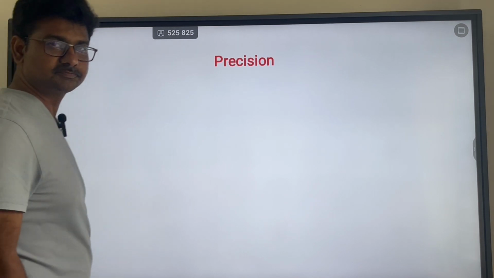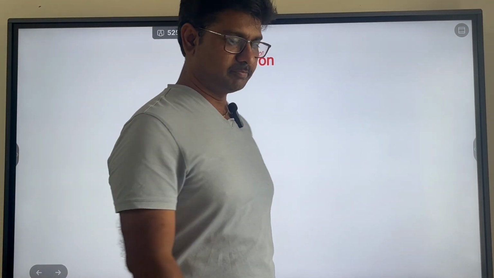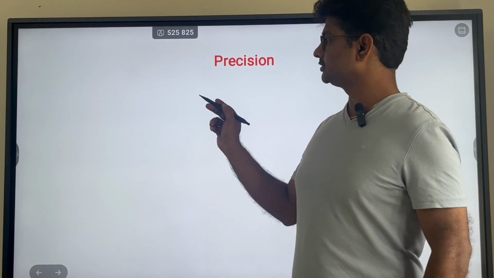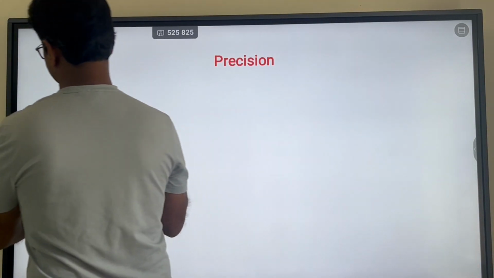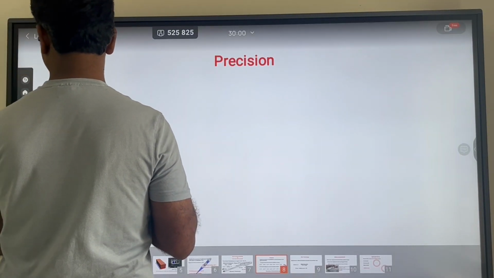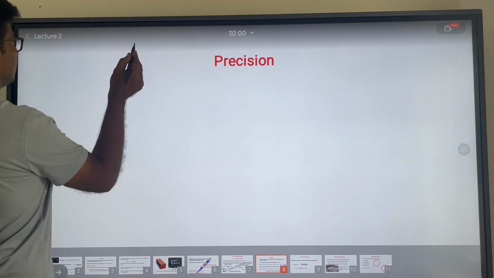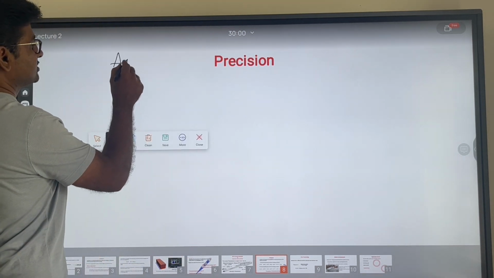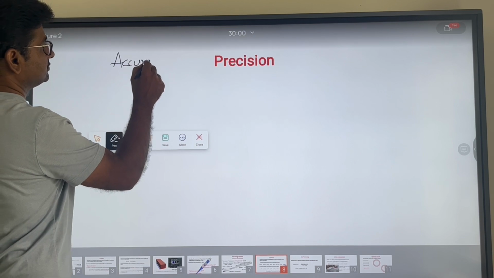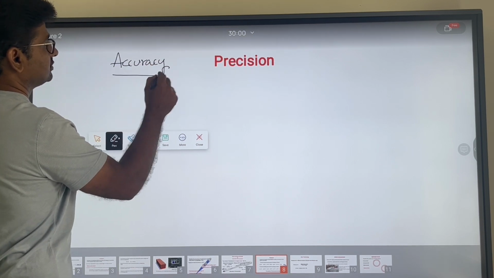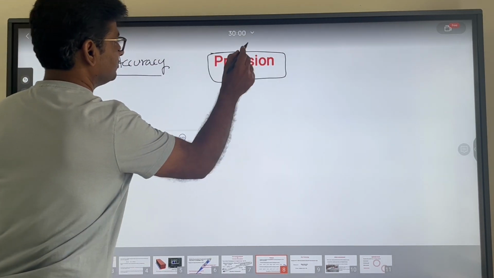Now precision. There are two main things here. The earlier one, what you have seen, is accuracy. The other one is precision.